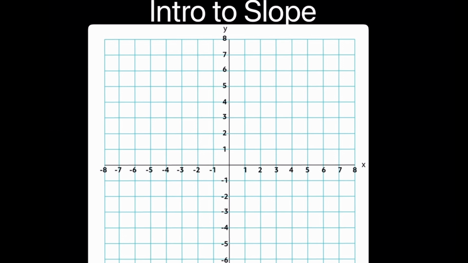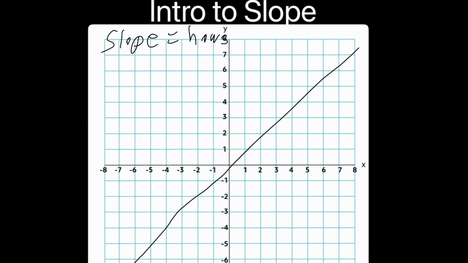And that is where slope gets in. Slope is how steep a linear function is.